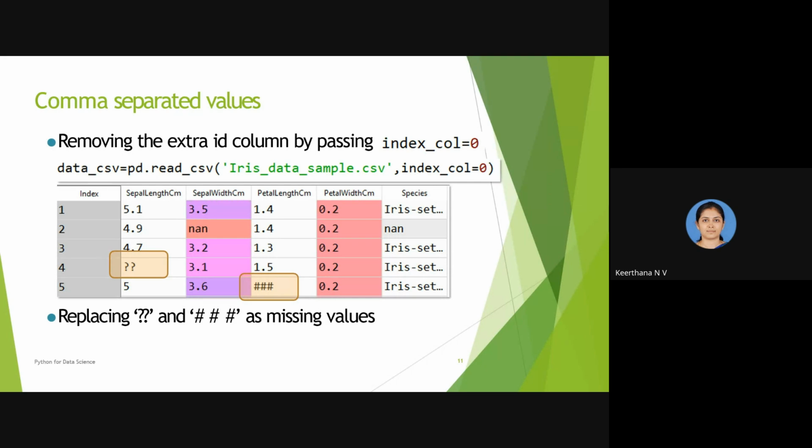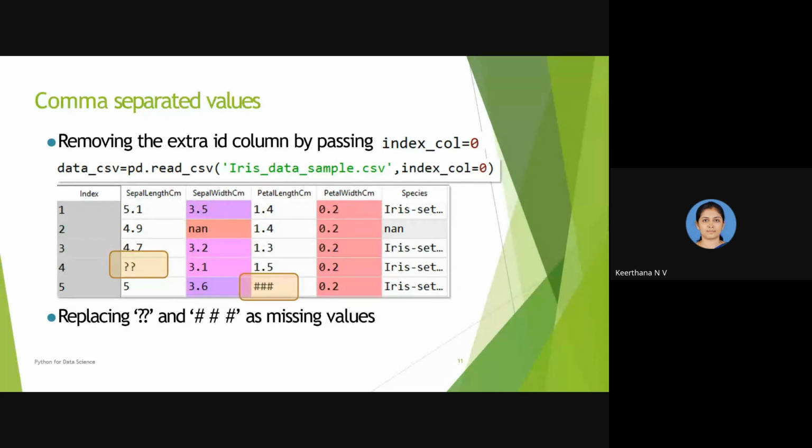So for that empty data, you have to replace it, or you have to remove it, right? So this is the code for replacing the NaN values, replacing the question mark and hash mark, that is, missing values, as NaN.